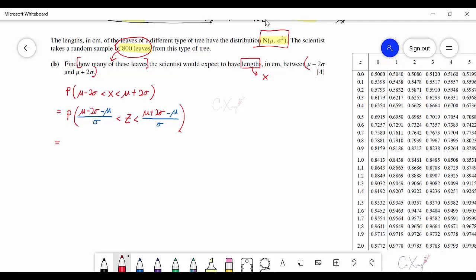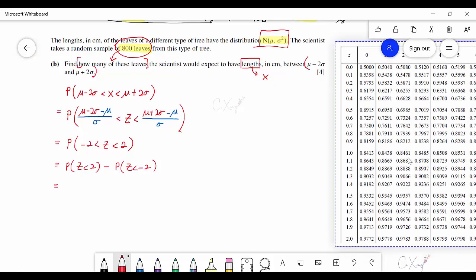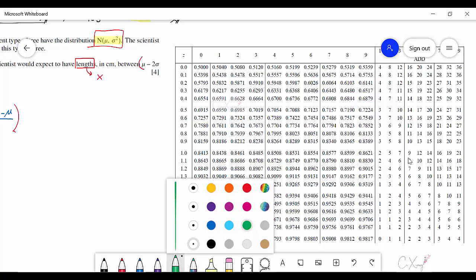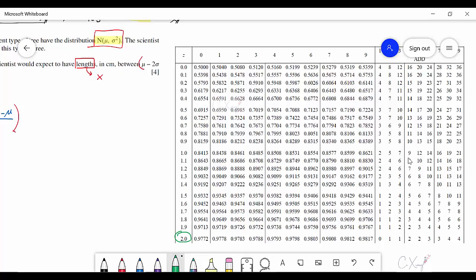Then if you try to simplify it, you will get z between -2 and 2. So to find this probability, it is actually the probability of z smaller than 2 minus the probability of z smaller than -2. To get the probability of z smaller than 2, you look for this value, 2, and the probability will be 0.9772.